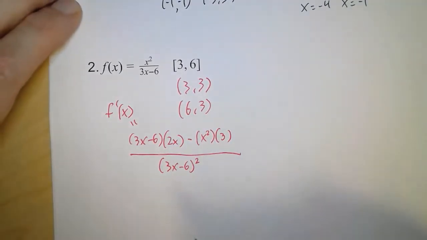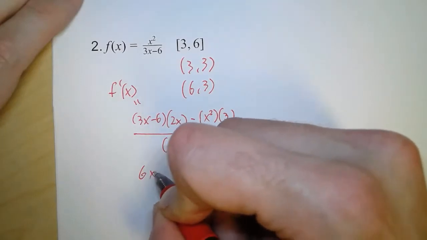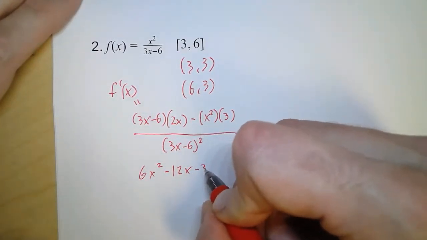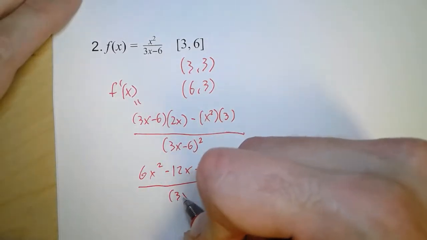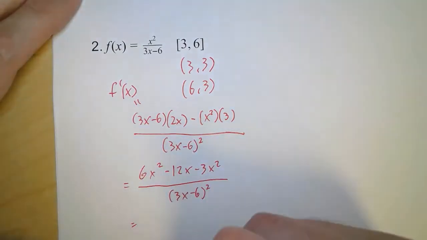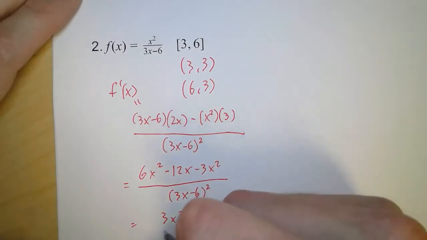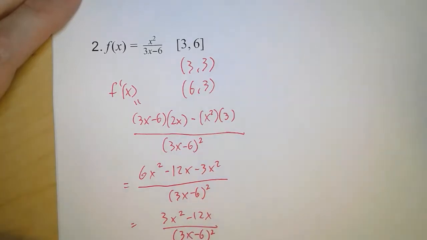We're definitely going to need to simplify this, so we'll expand it: 6x squared minus 12x minus 3x squared, all over the quantity 3x minus 6 squared. And that simplifies to 3x squared minus 12x over 3x minus 6 squared.